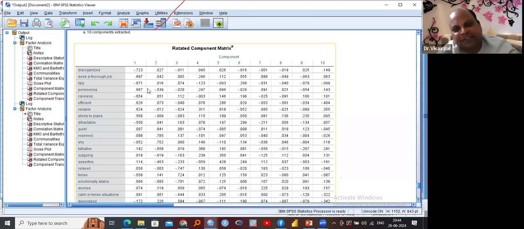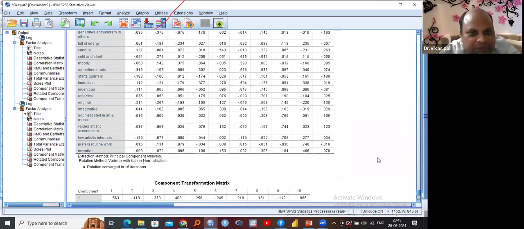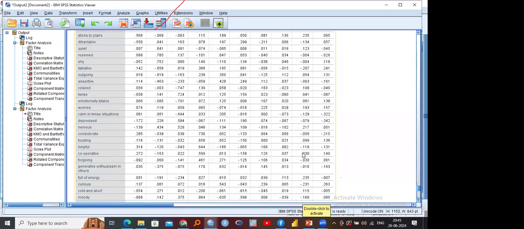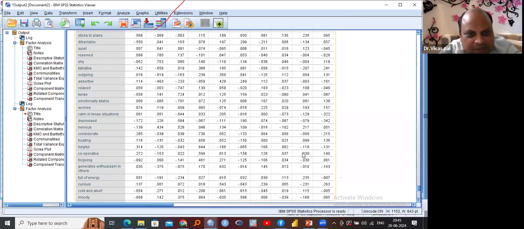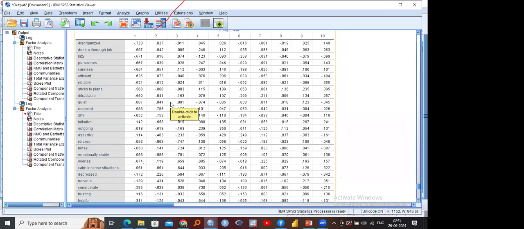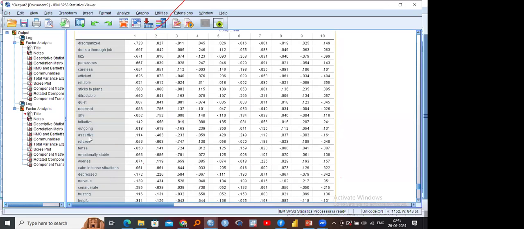Yes, ma'am. And next is the second and third and fourth. There are 10 components. In the lower part, in the second column, there is 0.72. The second column has some values more than 0.5, second factor में. कौन सा factor? ये quiet वाला ना? हाँ, ma'am, from quiet it is 0.84 in the second factor, going up to reserved, 0.785.